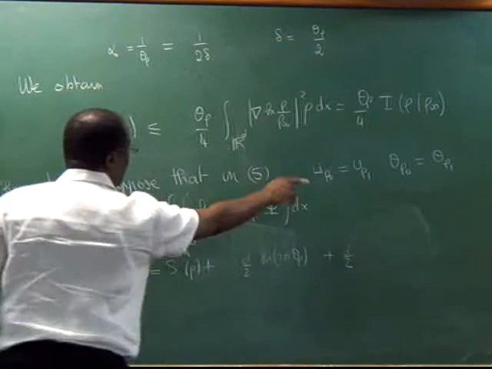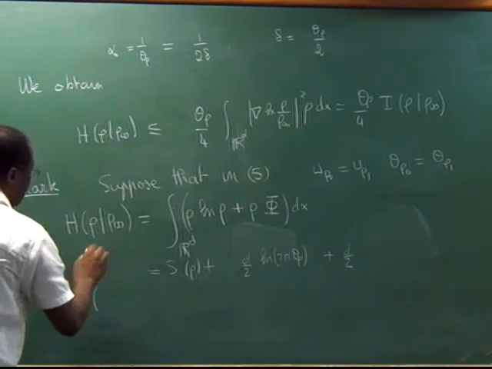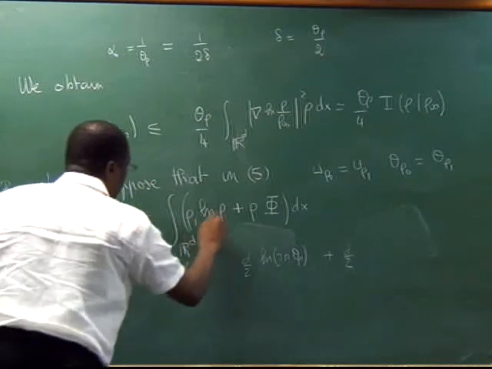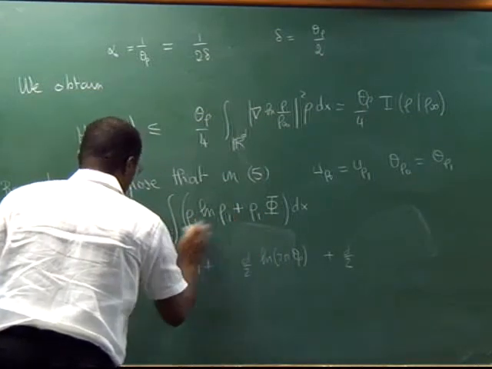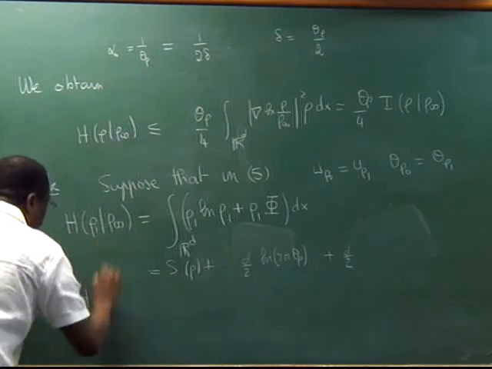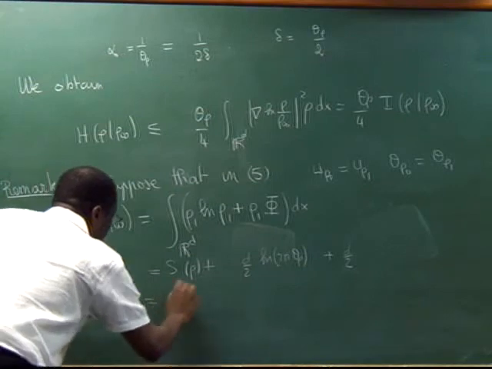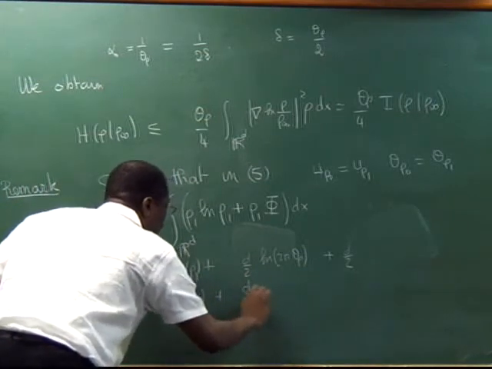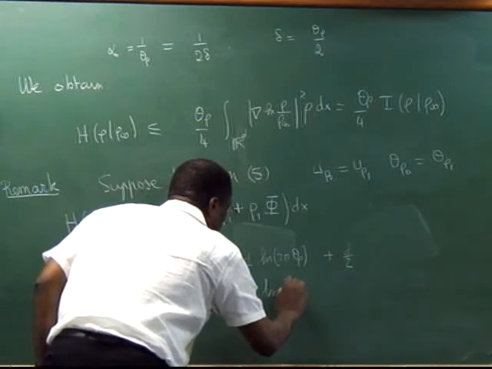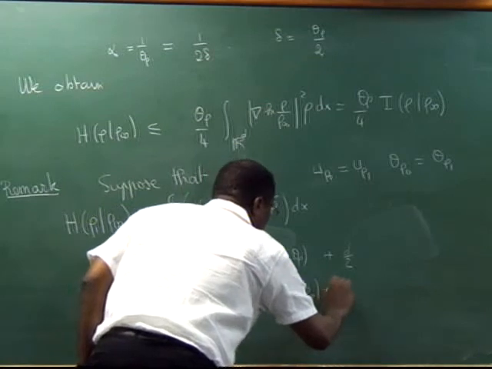I write the same thing for rho naught. This is S of rho naught plus d over 2 log 2 pi theta rho naught plus d over 2.